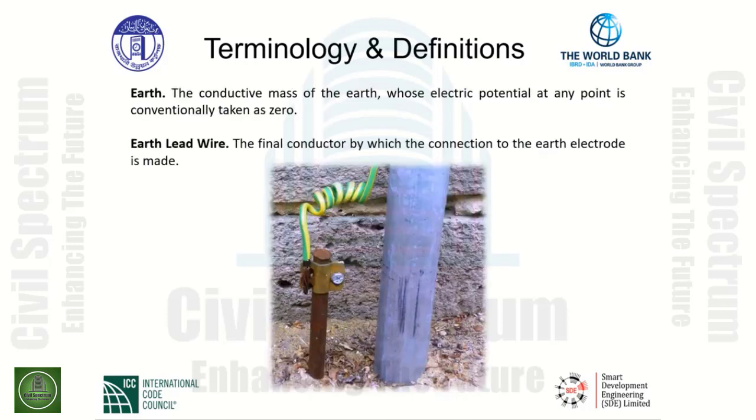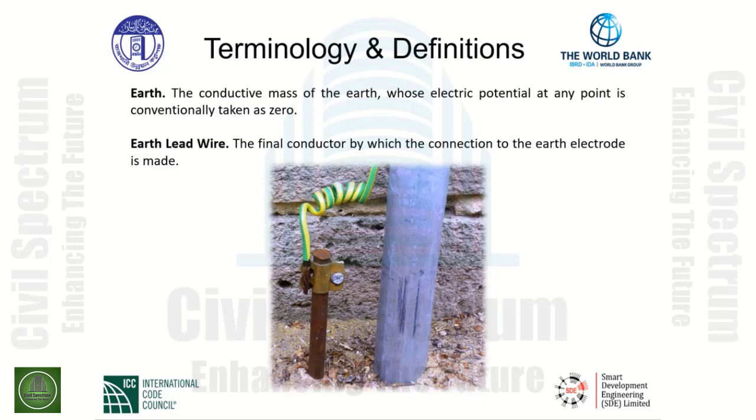The term earth is the conductive mass of the earth, whose electric potential at any point is conventionally taken as 0. Earth lead wire, the final conductor by which the connection to the earth electrode is made.